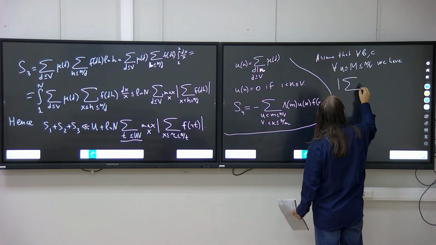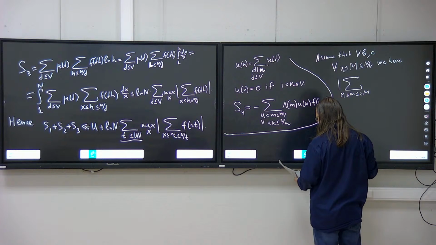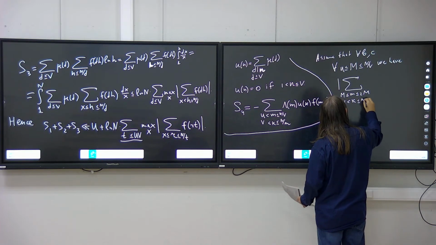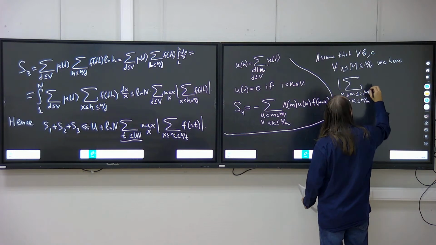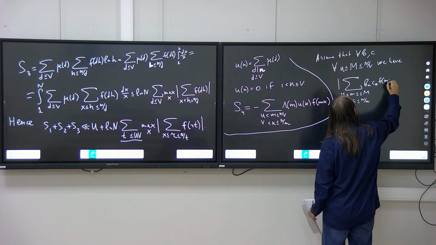Absolute value of the sum over all M between capital M and 2 times capital M, and K between V and N over M, of BM CK F of MK.